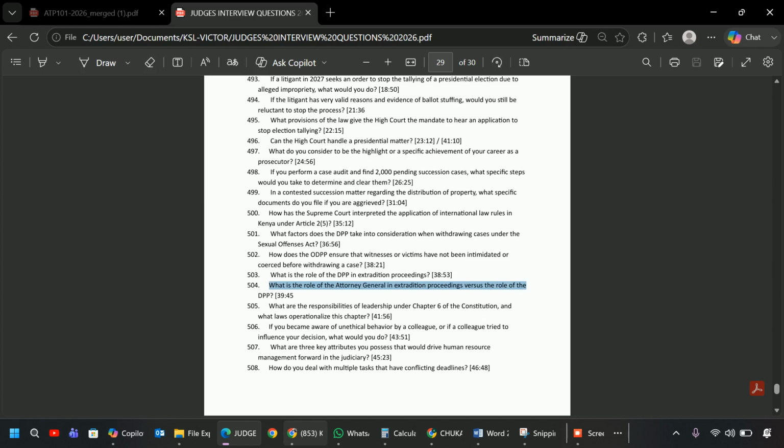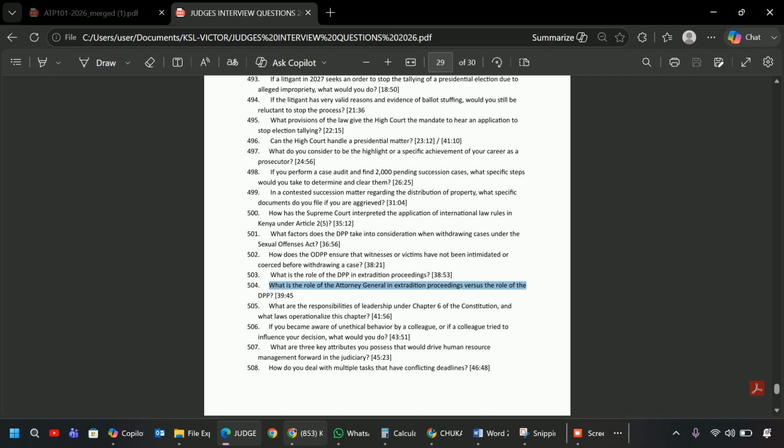In Kenya, the Attorney General's role is mainly executive and diplomatic. This is where he is involved in transmission of requests and receiving the same, while the DPP's role is prosecutorial and court-facing.